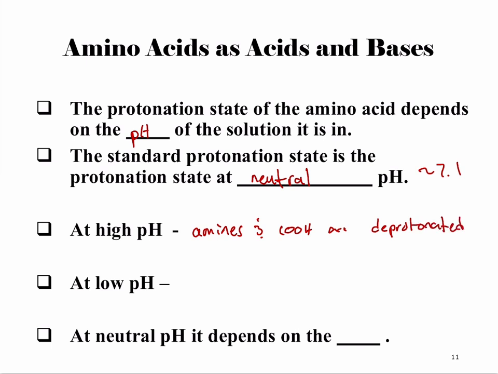And at low pH, amines and carboxylic acids are protonated, which means we have a positive charge on the amines and a neutral charge on carboxylic acids. And at neutral pH, this all depends on the pKa of the different groups that can be protonated or deprotonated.